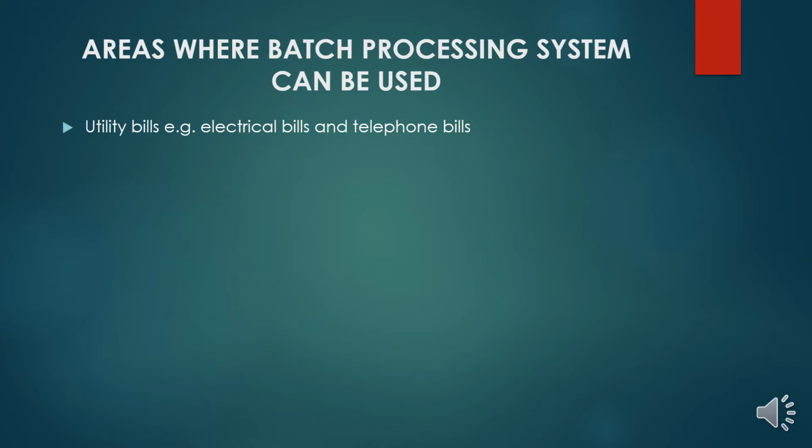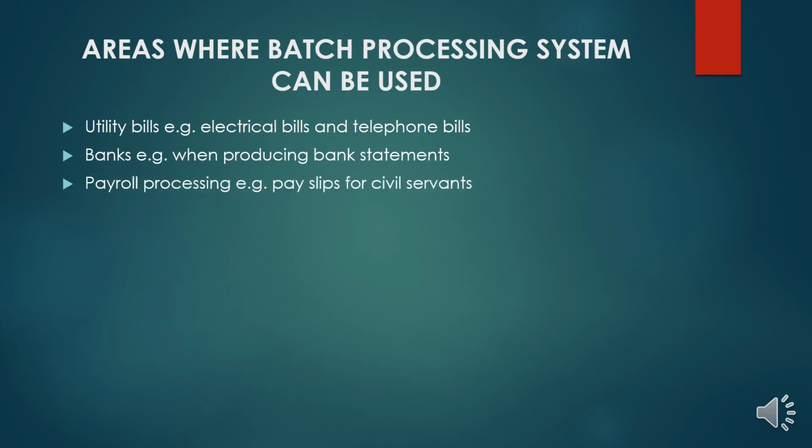Let's look at other places where it can be used. Banks. In banks, it can be used when producing bank statements for clients. Then the other one is the payroll system, in this case the pay slips.